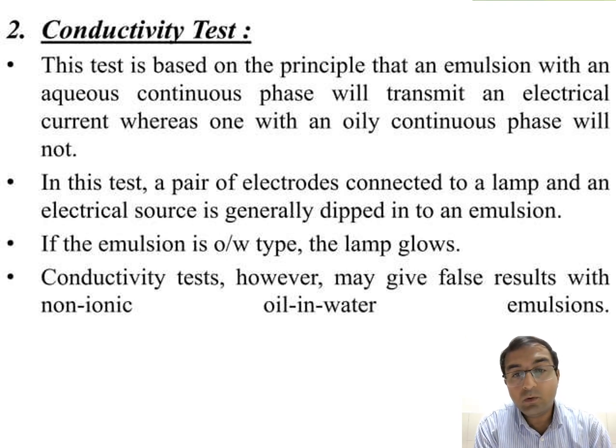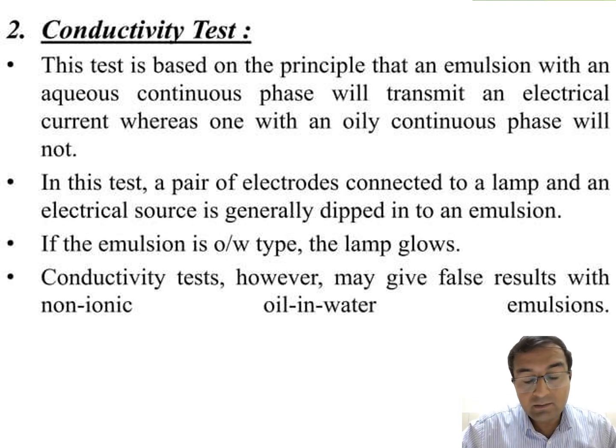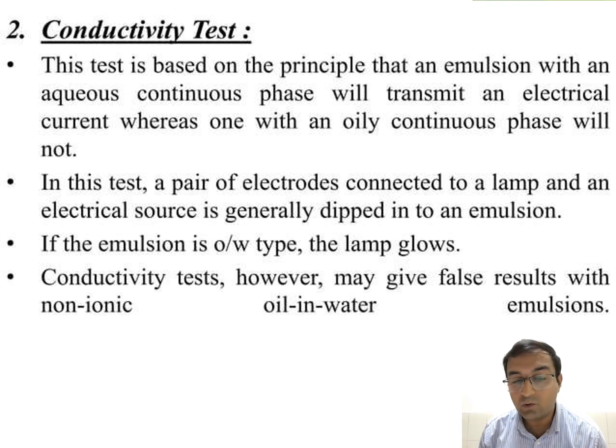So conductivity is a character of water. We know that water is a very good conductor of electricity or current, but oil is a bad conductor of electricity. So it shows that an oil in water type emulsion is a very good conductor of electricity.